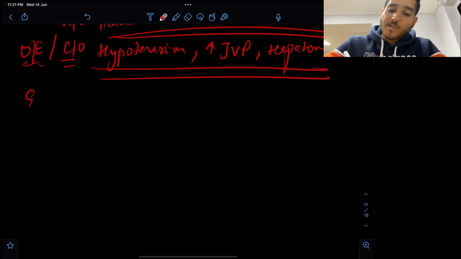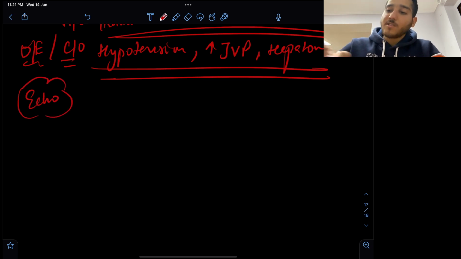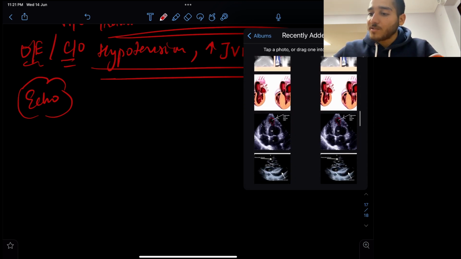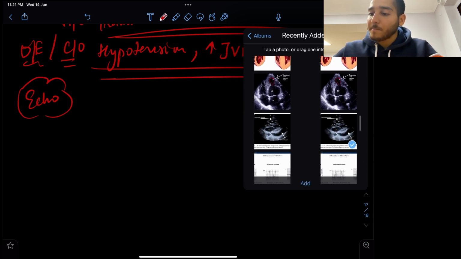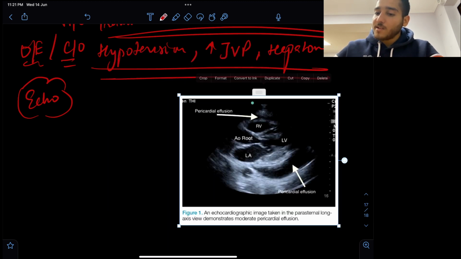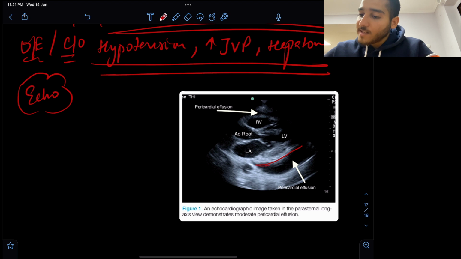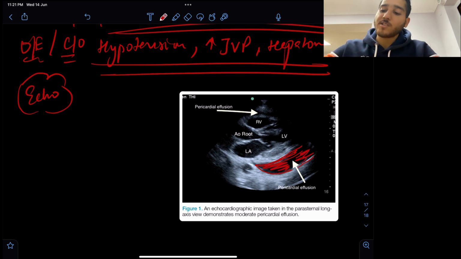You can do echo for confirmation of the diagnosis, and in echo you will see a rise in the amount of pericardial fluid. I'll show you the echo also. Normally there should be very little pericardial fluid present, but in this echocardiography you can see a large amount of pericardial fluid, so you can make the diagnosis of cardiac tamponade, right?